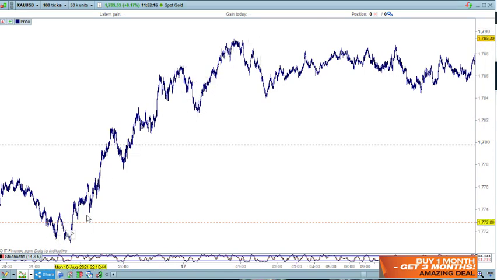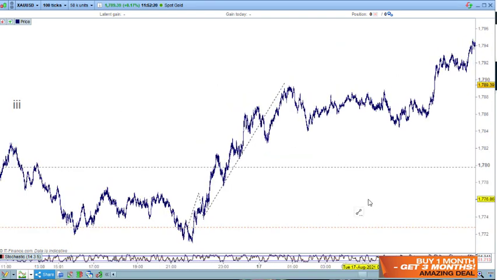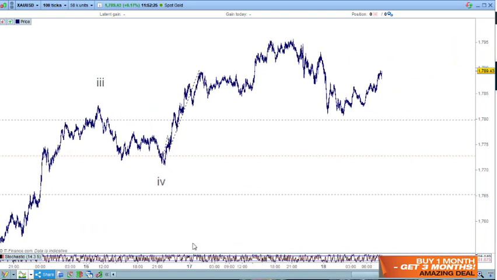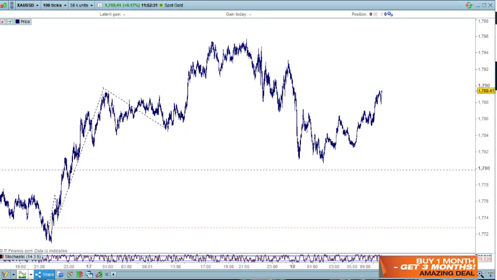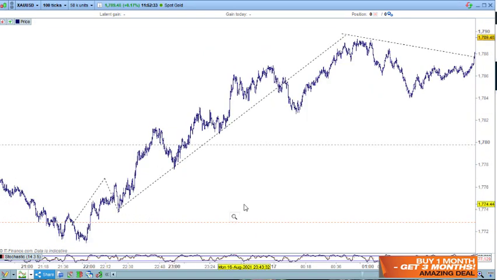So that would be 1 and 2 and 1, 2, 3, 4, 5 for the 3rd wave. I know it fits 4th wave to here, then 1, 2, 3, 4, 5. I want to double check that again because I looked at it before and it didn't jump out at me.